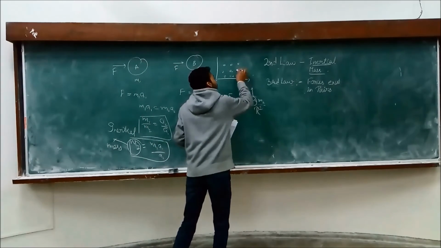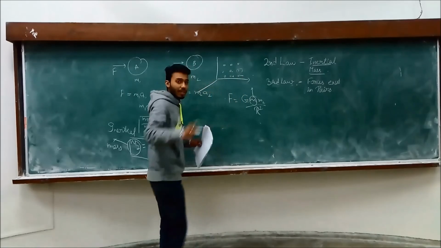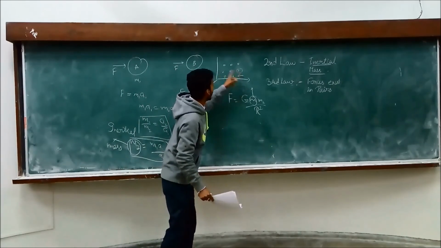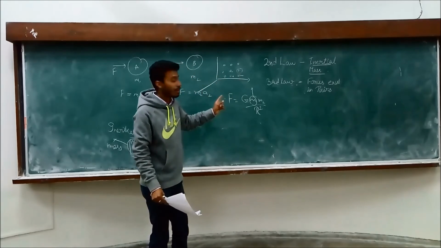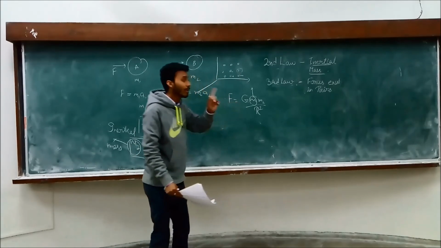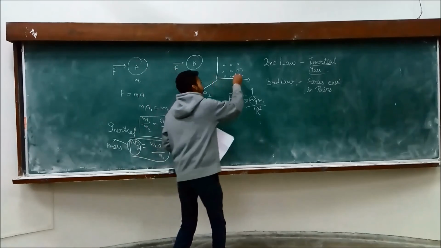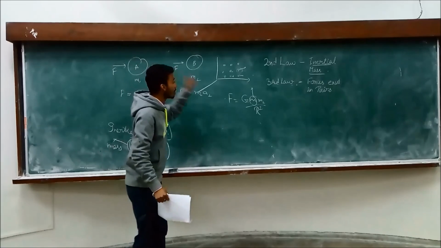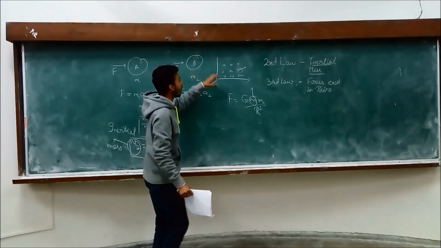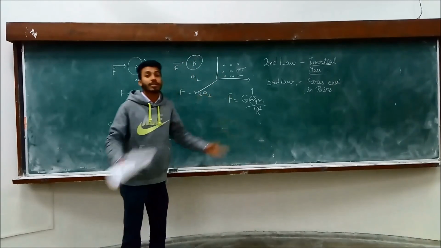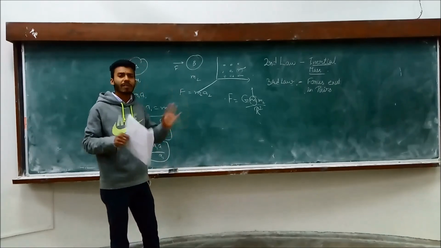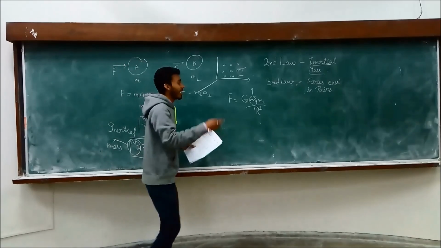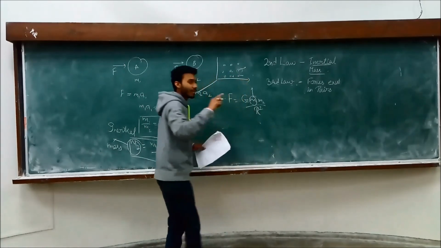We will never find a single particle which is accelerating without finding another particle accelerating. So we will say that if some force is acting on this particle, then there will be some force acting on another particle in the universe. We will never find a single particle accelerating. So we can say that forces exist in pairs.